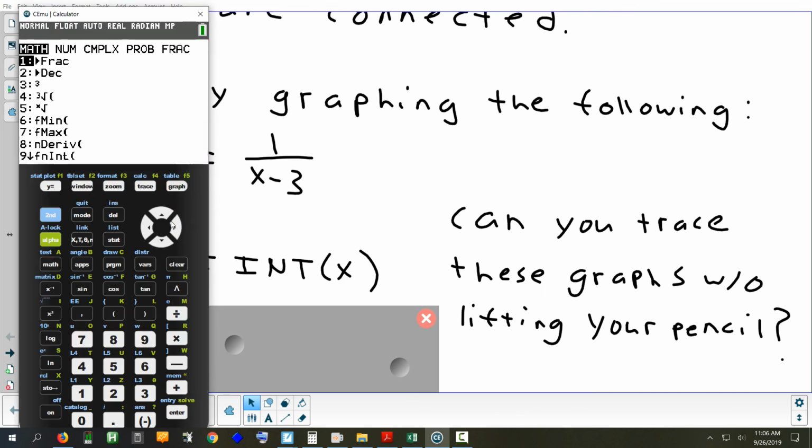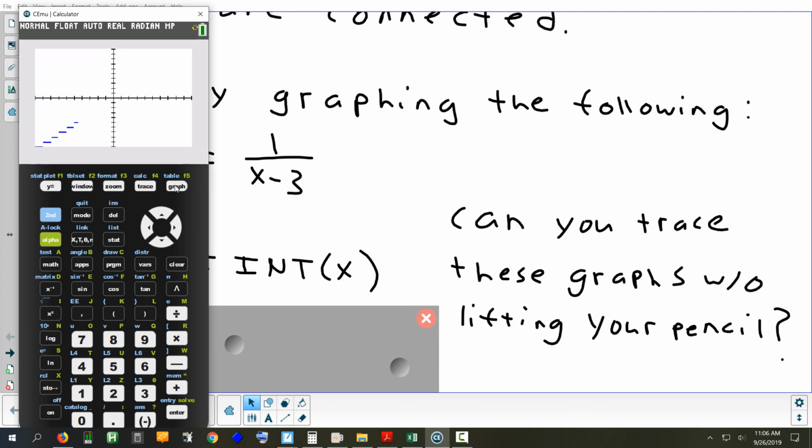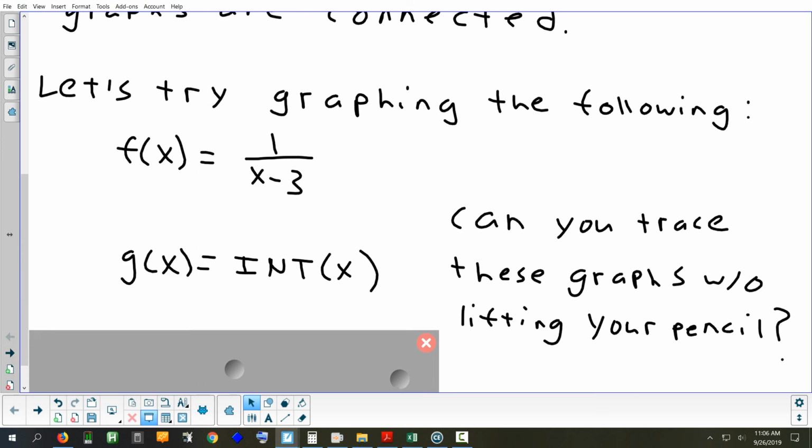Okay. If you remember this one from a couple weeks ago, it looks kind of like a set of steps. Can you trace that graph without lifting your pencil? No. Different reason why, but you still can't do it. Okay? You'd have to lift your pencil up to draw that graph.